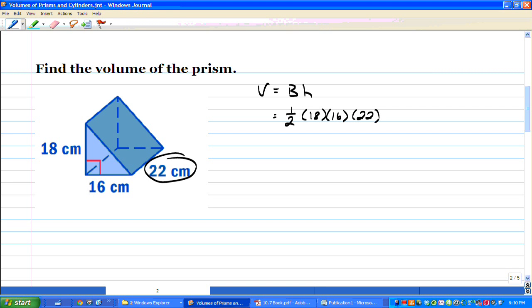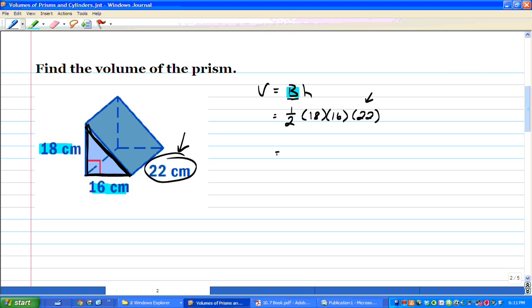This is where you got to be careful, because for this first portion here, what we're dealing with is this and this, because we're trying to find the area of this shape. And that's a triangle. Remember, the area is 1/2 of base times height. So it's not this height. That's the height of the prism. That comes in here. Okay, then you just plug and chug.